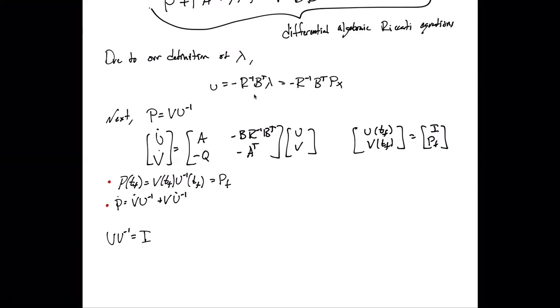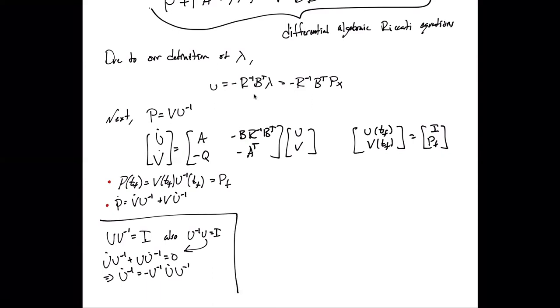And then also U inverse U is equal to I results in the same thing. All right. So I'm going to block that off just as an aside, and come back over here.